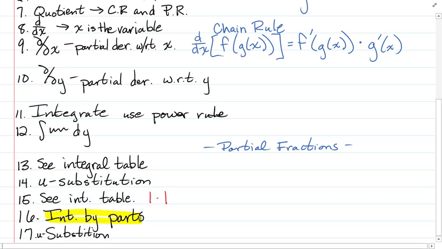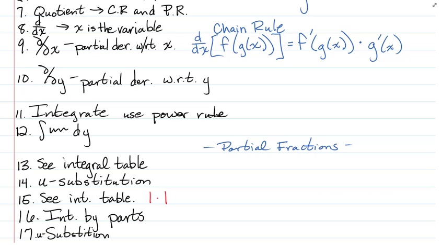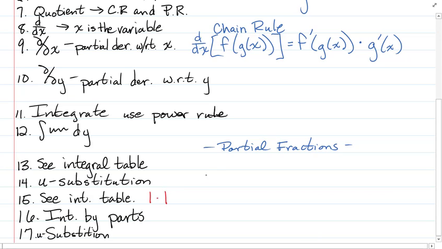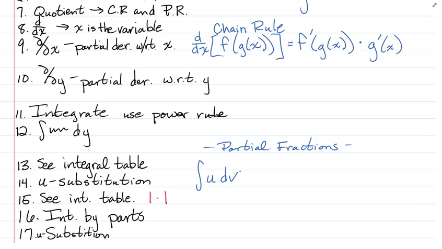Okay, so review that. You need to find the integral or find the integrate by parts. Let's just write that down real quick here. So the integral by parts is this kind of deal. What you do is you look at your integral and you break it up into two pieces, u and dv. All right.